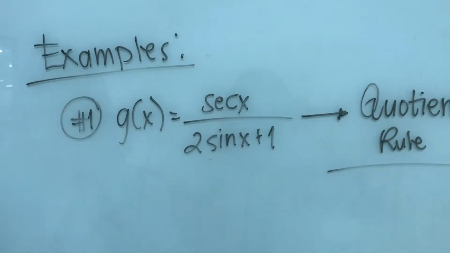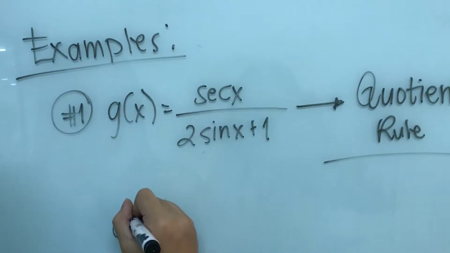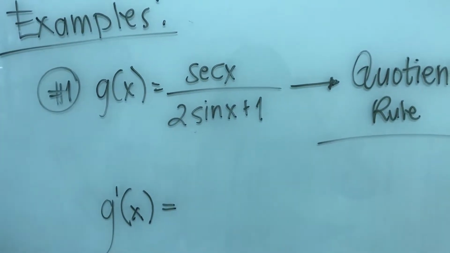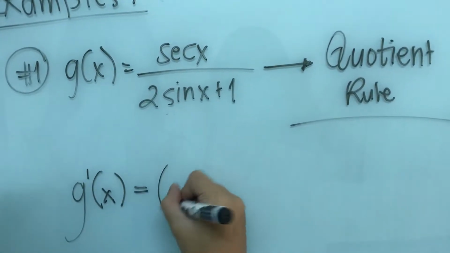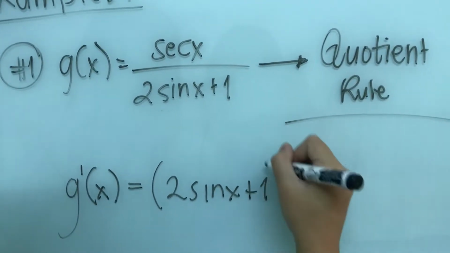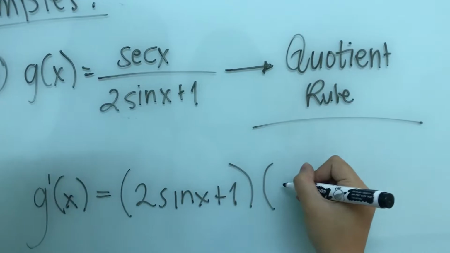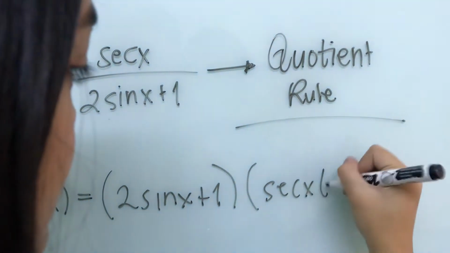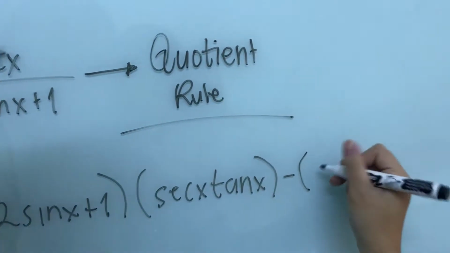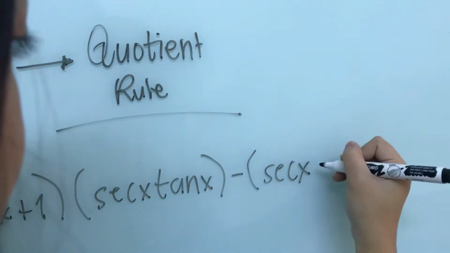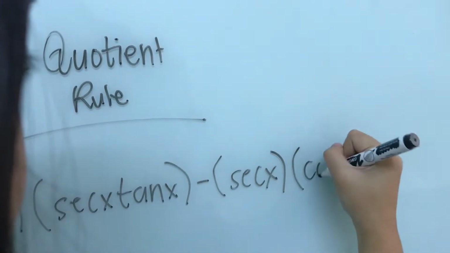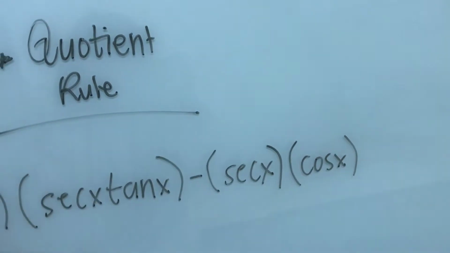Then, next step is we have to get the derivatives of the function and rewrite it according to the quotient rule. So, g prime of x is equal to 2 sin x plus 1 multiplied by the quantity of secant x tangent x, minus the quantity of secant x times 2 cosine x plus 1.